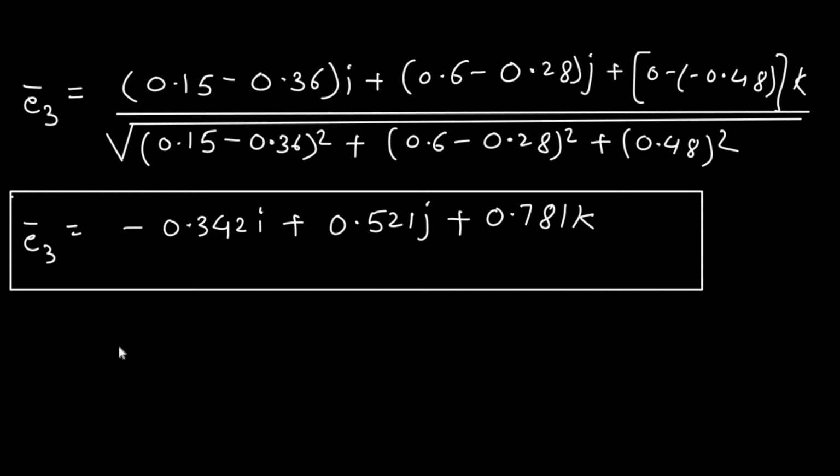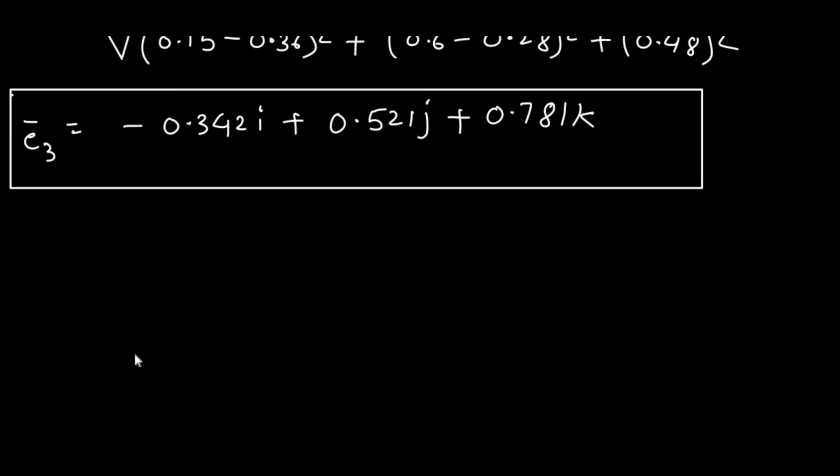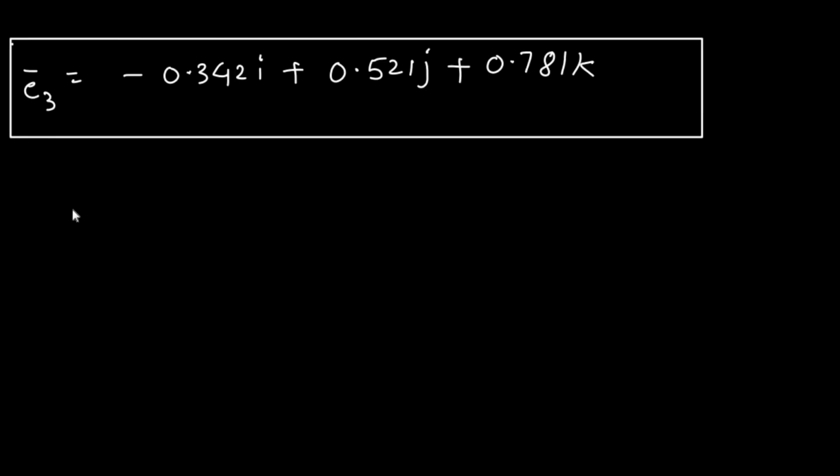So as we have discussed in the theory, when we have to express the force vector, here the force vector is nothing but the tension developed in the string. So that force vector T1, we can write as T1 into unit vector along that direction, which we considered as E1. So T1 into E1.